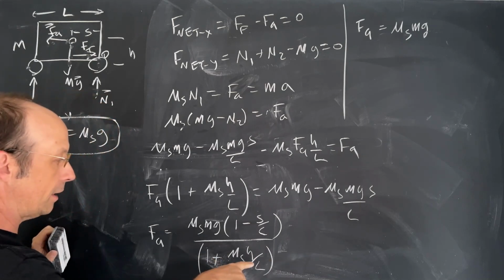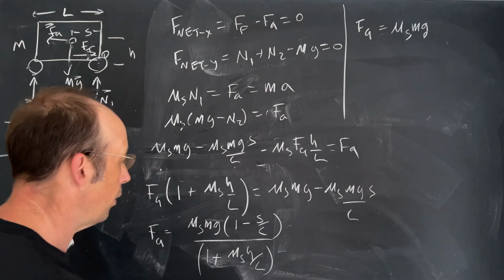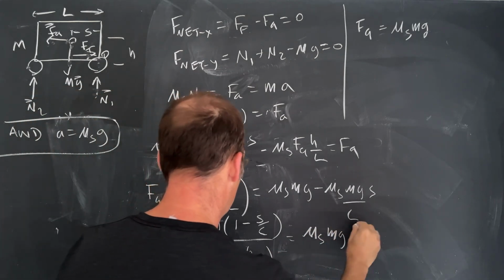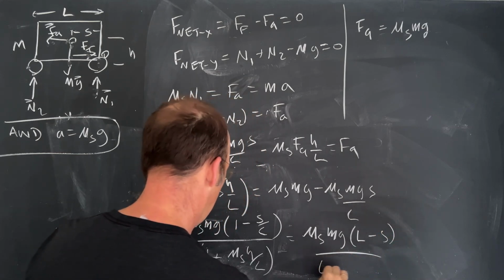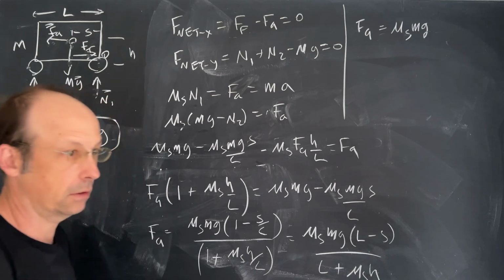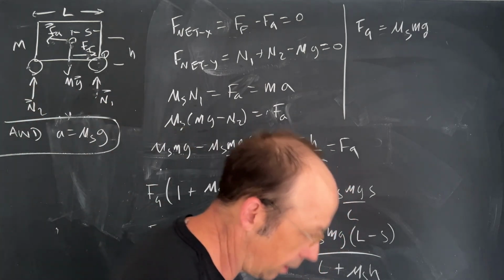Now let's multiply top and bottom by L. You don't have to, right? But I'm going to. So I get mu s mg times (L minus s) over (L plus mu s h). Oh, that kind of cut off. Let's see. Okay, that's what I got before.